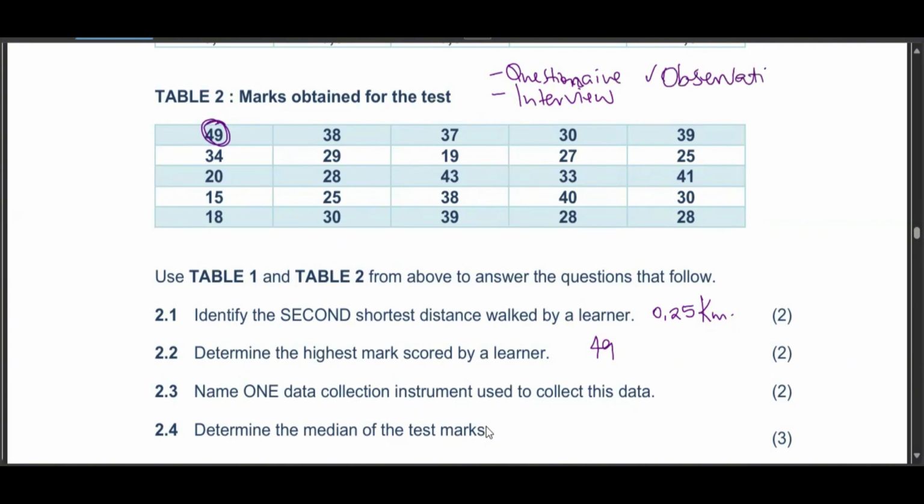You can use observation. But the better method here that was used is a questionnaire, because you cannot observe people's marks, but you can ask them using a questionnaire, and you get your answers. So here the best answer was supposed to be the questionnaire.